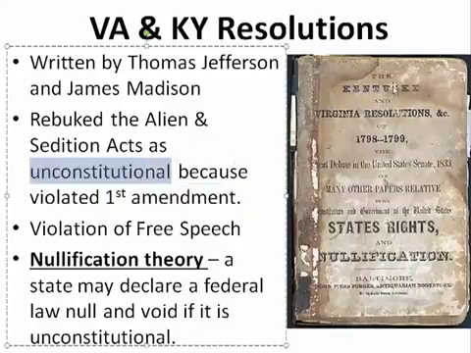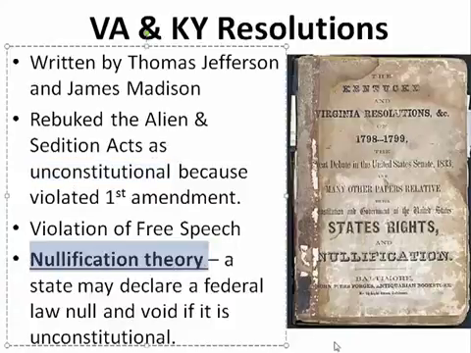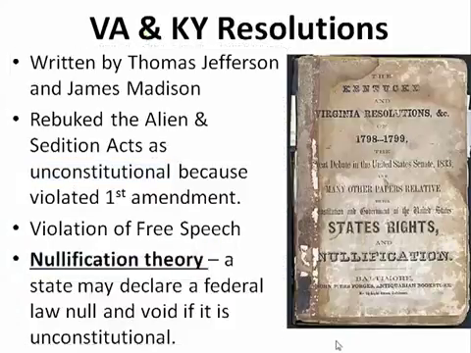And so this Virginia and Kentucky resolution sets into motion this nullification theory that's going to come into play later on, that a state may declare a federal law null and void if it is unconstitutional. That means that a state can cancel a federal law.